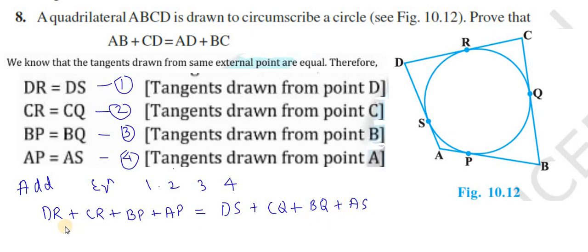Now DR plus CR is equal to DC, the length.